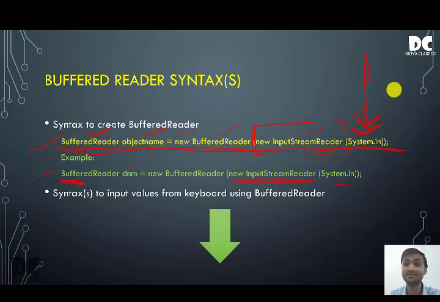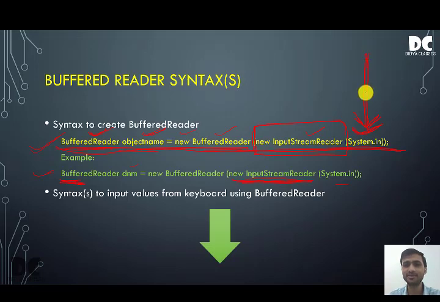If you remember, there is a System class, and inside the System class there are 3 variables: in, out, and err. We studied that in the last class. System.in is an input stream. So what is an input stream? It connects the keyboard with the variable.